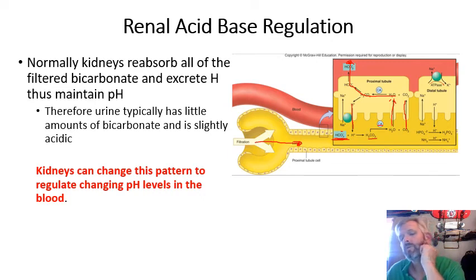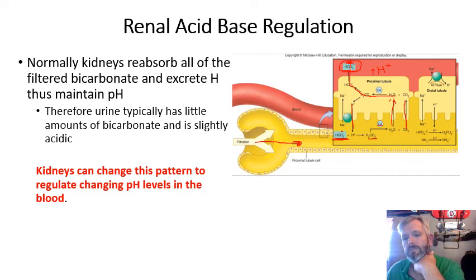What would we want? Will we want more or less bicarbonate if my blood is acidic? If I have lots of protons in my blood, do I want more or less of this? I would want more bicarbonate reabsorption to buffer out those protons.